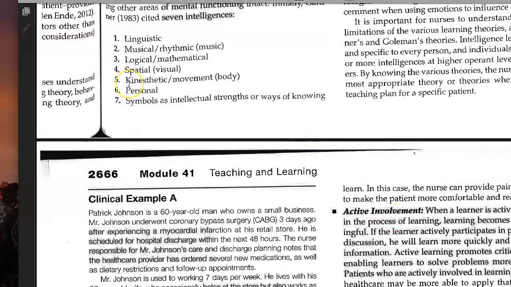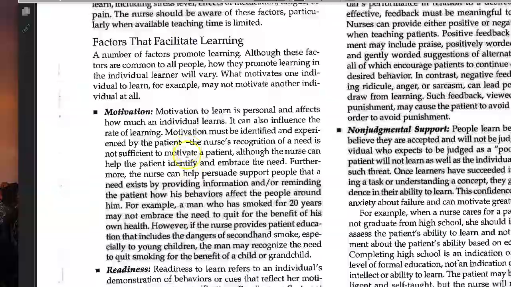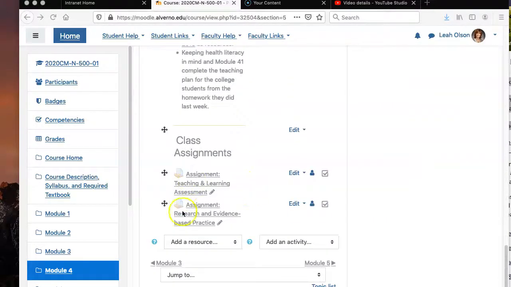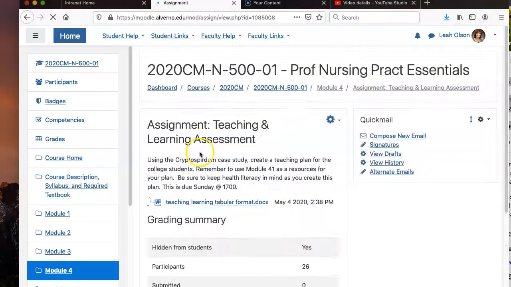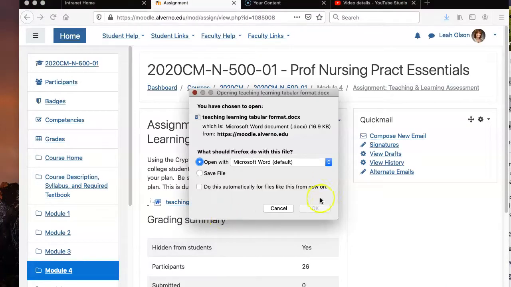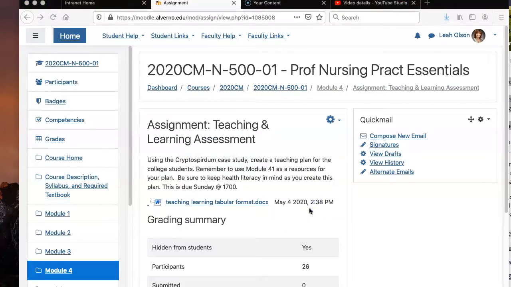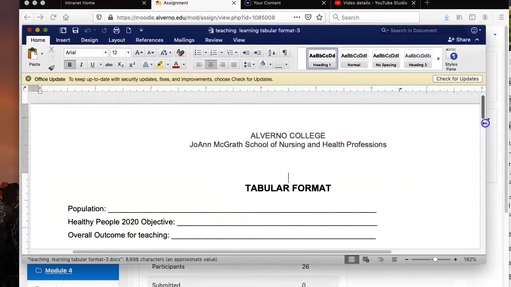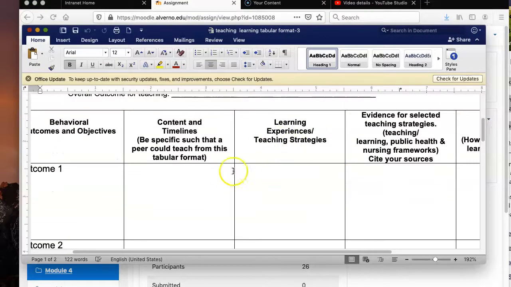I always want to say kinesiology, it isn't it. Movement, right? Kinesthetic learning is an area of intelligence. So that is what you're going to use to help you in these areas.